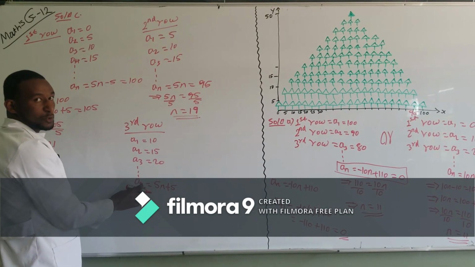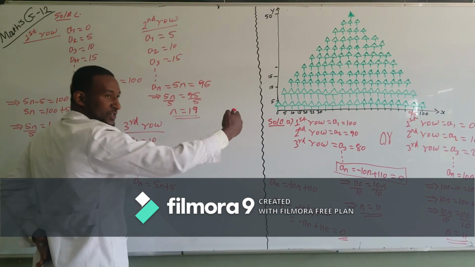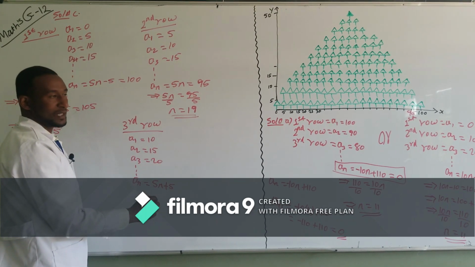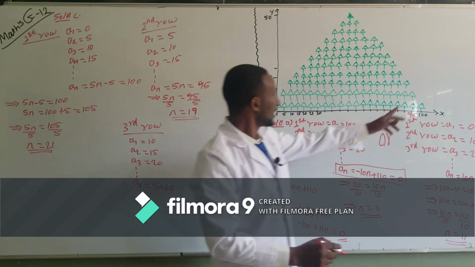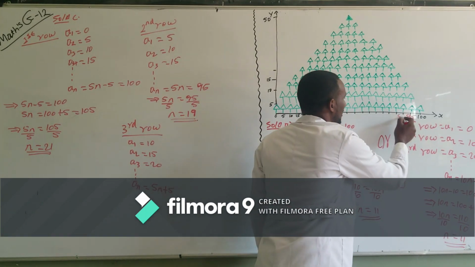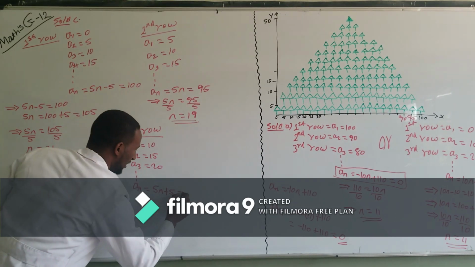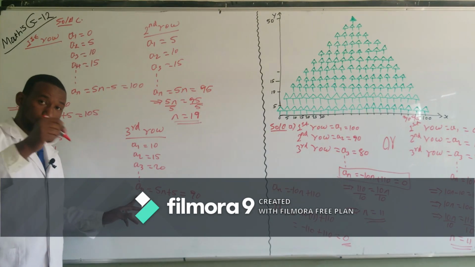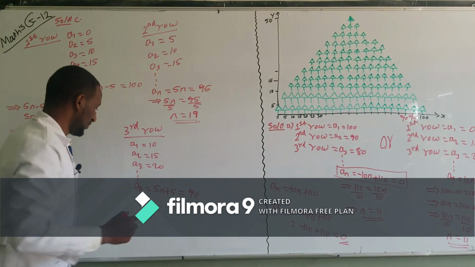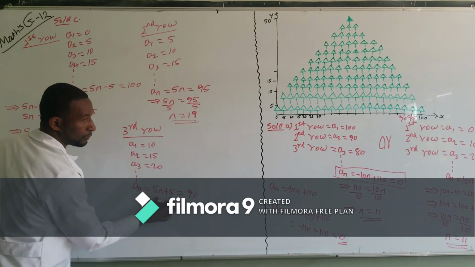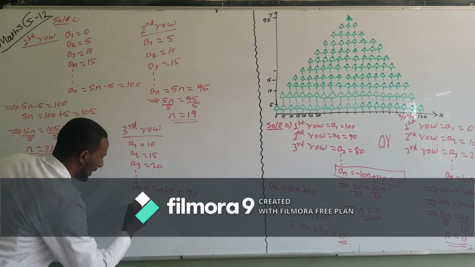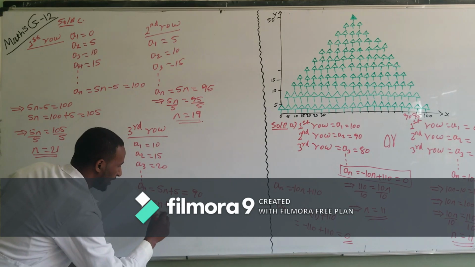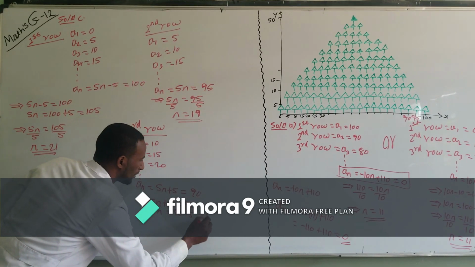Since one more tree is dropped each time, the last tree in the third row can be planted at 85, I mean at 90. Therefore we can say 90. Then from this general formula we can find the value of n: 5n plus 5 is equal to 90, then 5n is equal to 90 minus 5, which is equal to 85.